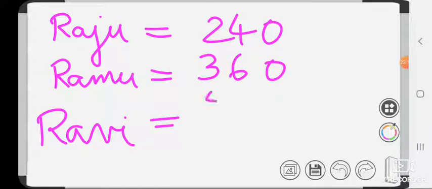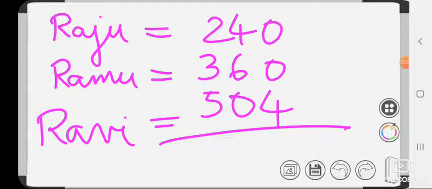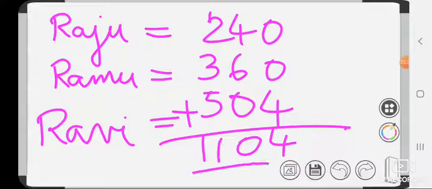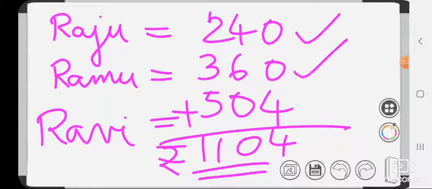The third one's share is 504 rupees. Those who have doubt can add and see whether the total expenditure is correct or not. 1104 rupees is the total. So each person's share amount is 240, 360 and 504 respectively.